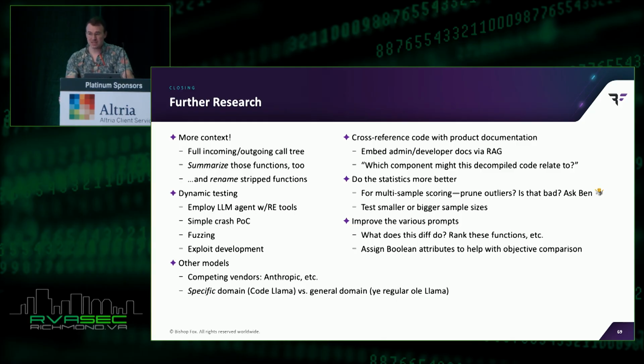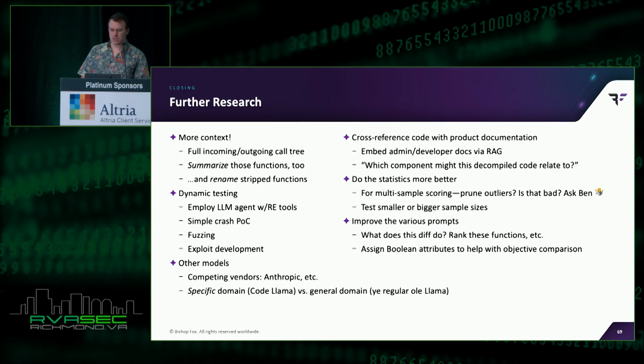Dynamic testing, using an agent to fuzz or try to crash the program given the vulnerability that it identifies. Using other models, not just other vendors, which I think could be useful, but also checking out specific domain models, as we mentioned before. Some papers have found that general domain models work pretty well, but this landscape is changing all the time, and that would be worth taking a look at.